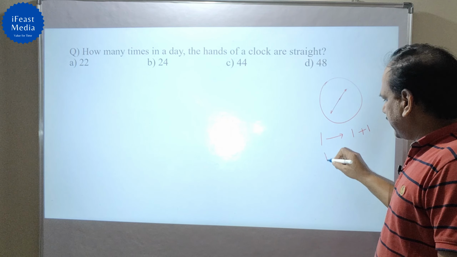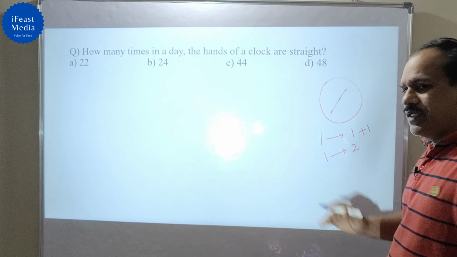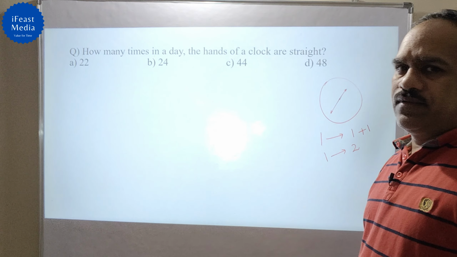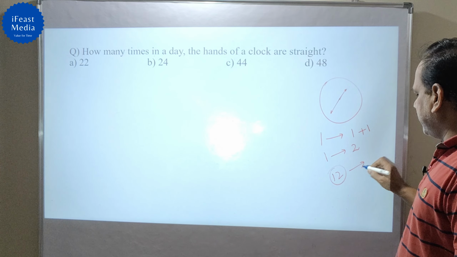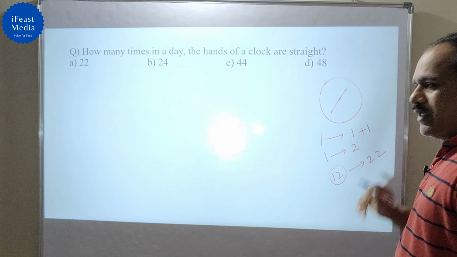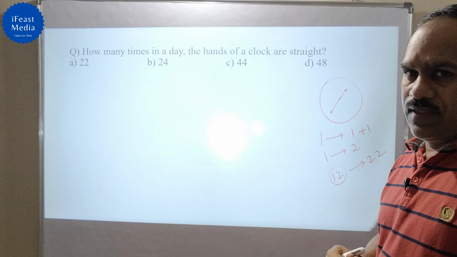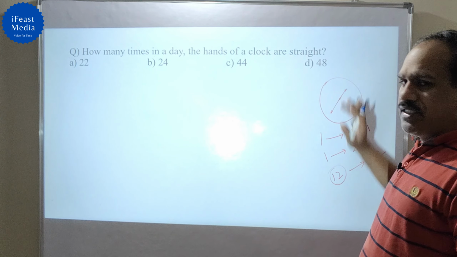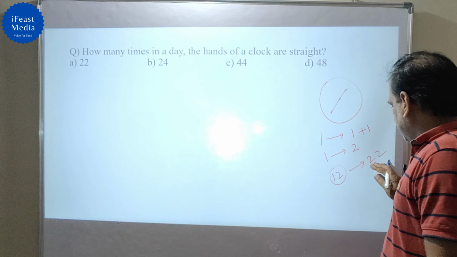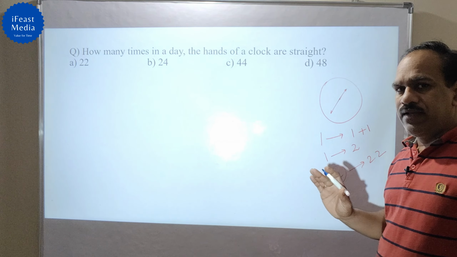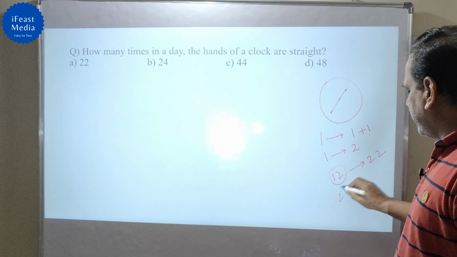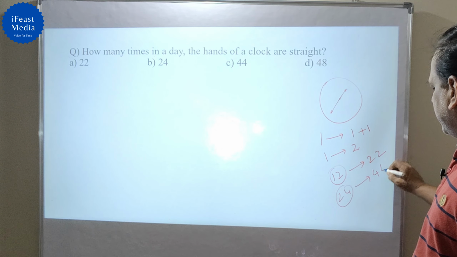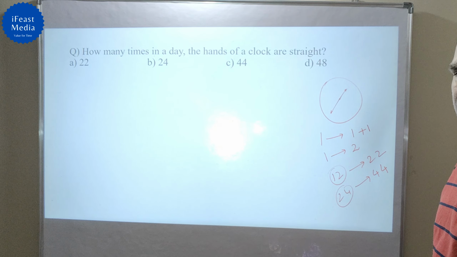So in 1 hour, they will be in a straight line 2 times. But in 12 hours, they will be in a straight line 22 times. You should not count the initial one. So they will come into a straight line 22 times in 12 hours. In 24 hours, they will be in a straight line 44 times.